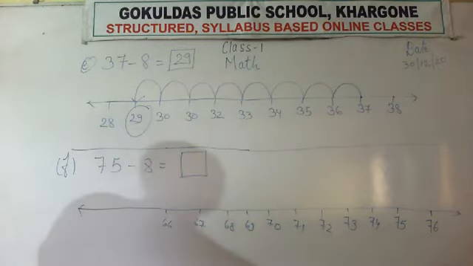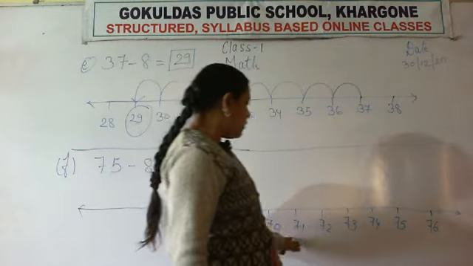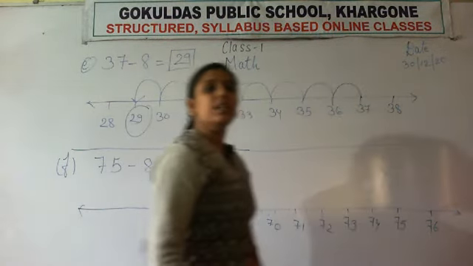Okay. 66, 67, 68, 69, 70, 71, 72, 73, 74, 75 and 76.